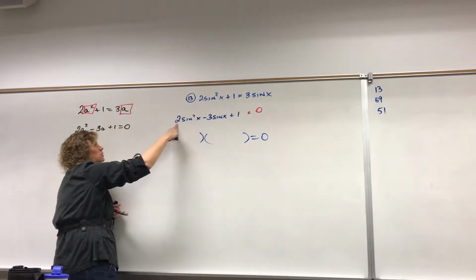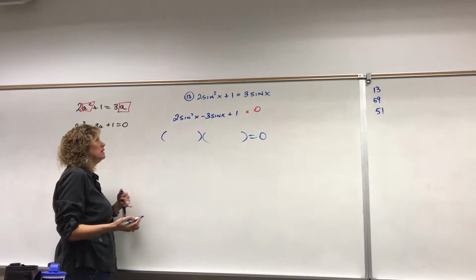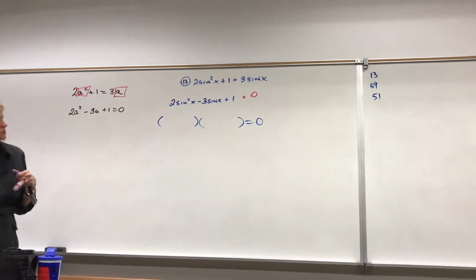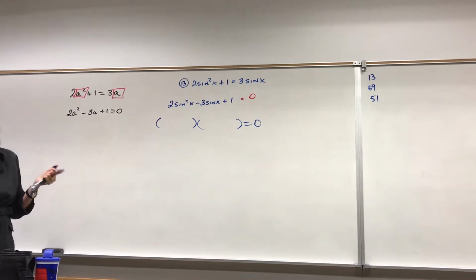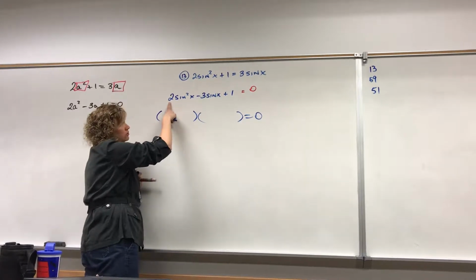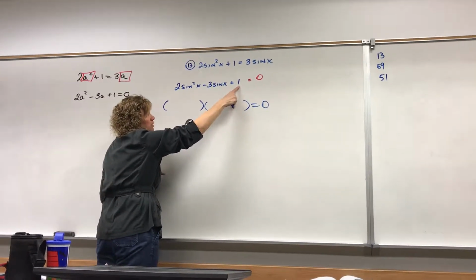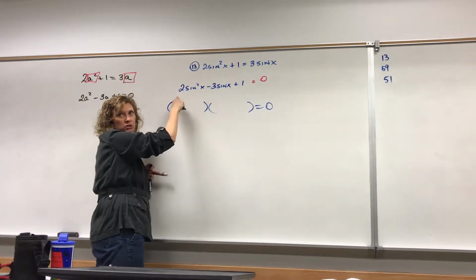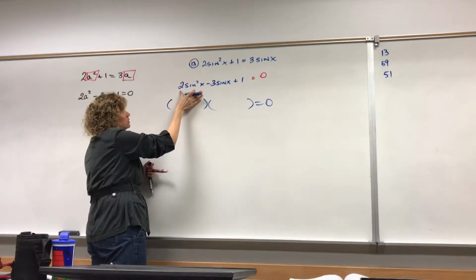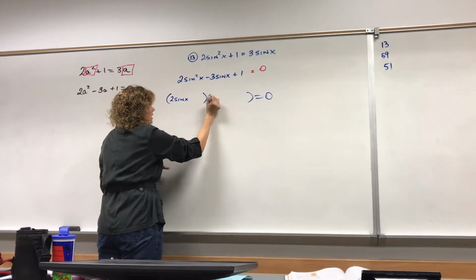There are methods where you multiply 2 times 1 and split the middle term. But you could just do guess and check. The only thing you've got to be careful of is because we have this coefficient up front, you cannot just say to yourself, what multiplies to be 1 and adds to be 3, because there are 2 factors in that whole process. So we could say, well, 2 sine squared x is 2 sine x times sine x.